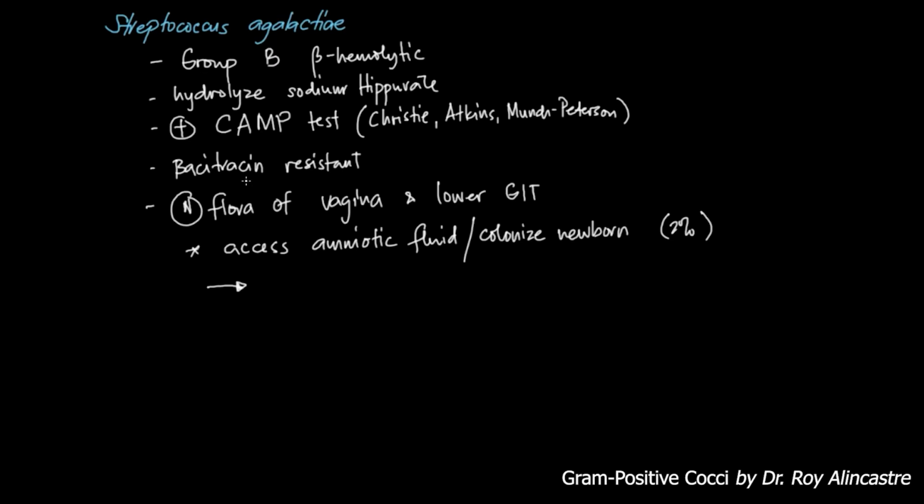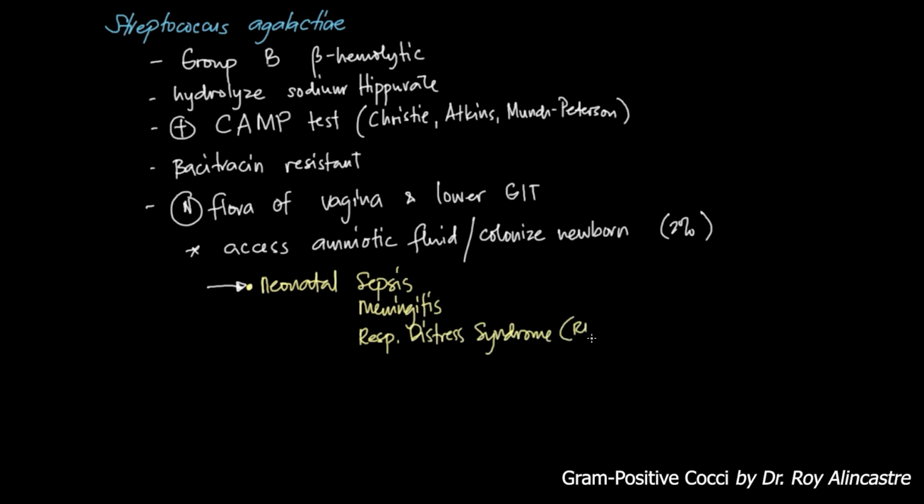If the baby gets infected during the first few days until around 1 month of life, infection can present as neonatal sepsis, meningitis, or respiratory distress syndrome. The baby will have fever, vomiting, and seizures. Sadly, around 20% will have long-term brain damage.